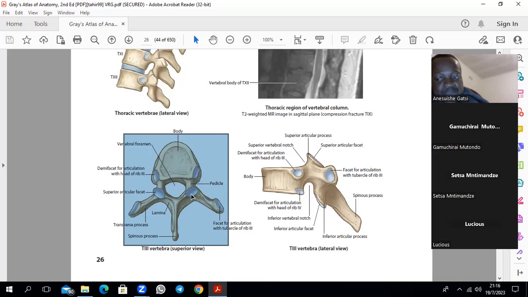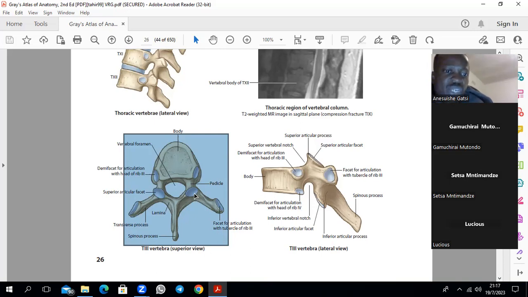Can you see that? They're directed backward and they're facing outward. That's lateral. So they're directed backward and lateral. Then obviously for inferior, remember I said you change your words. So they are directed forwards and medial. So all you need is to remember one.